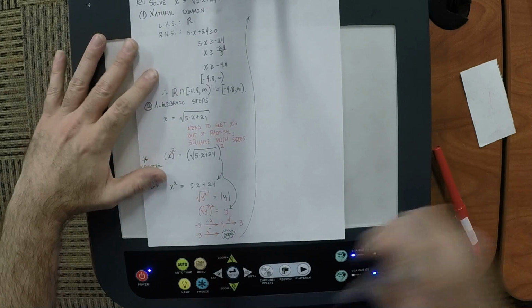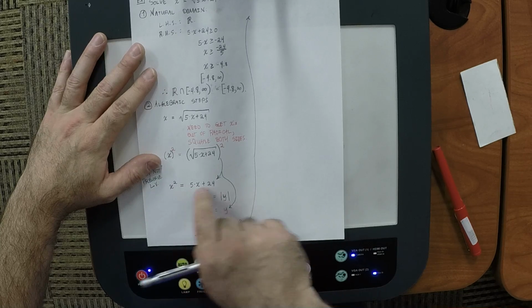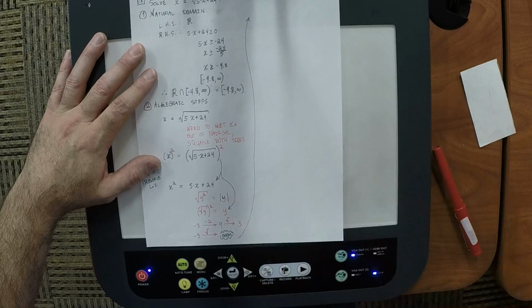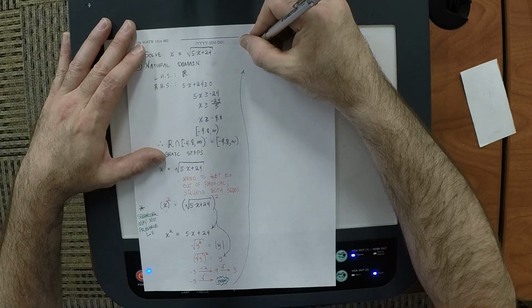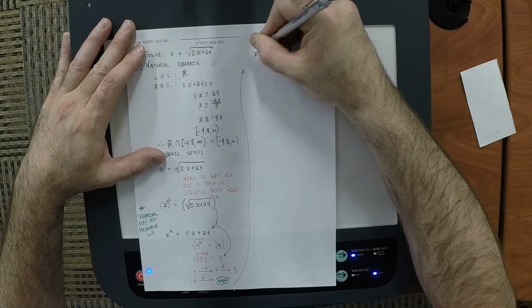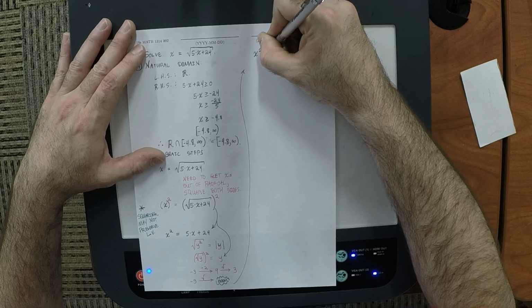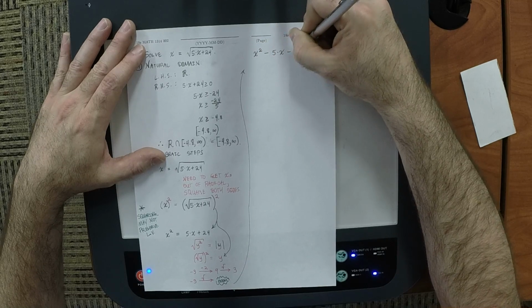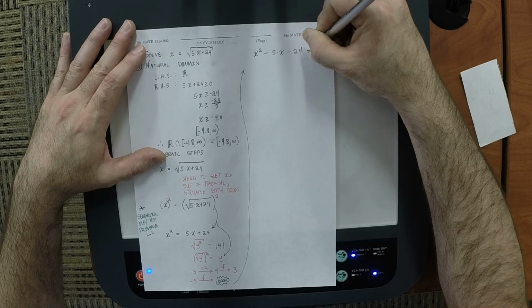Okay. So now I'm going to take these three terms, the one on the left-hand side and the two on the right-hand side, and move them all to the left-hand side. And we get x squared minus 5x minus 24 is equal to 0.